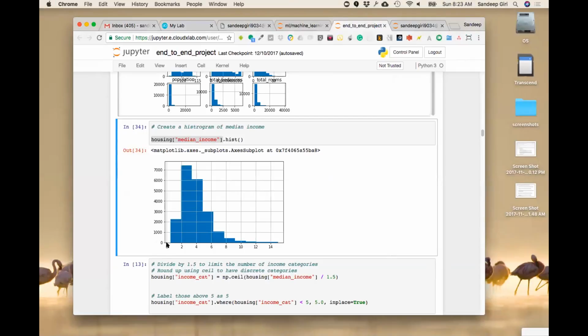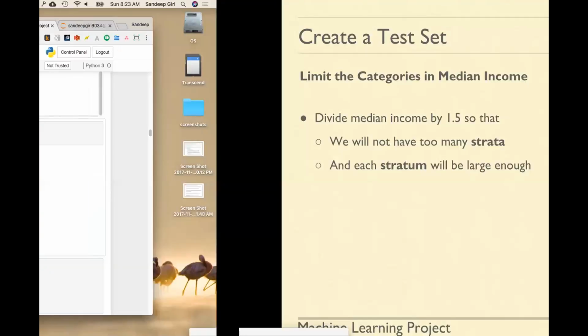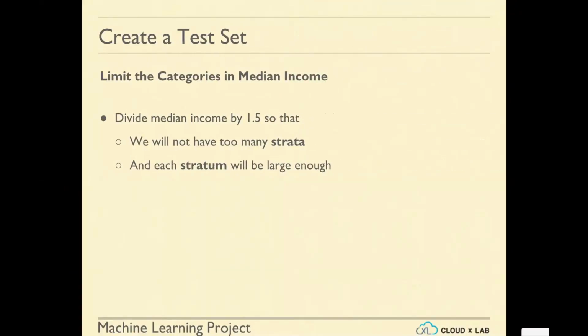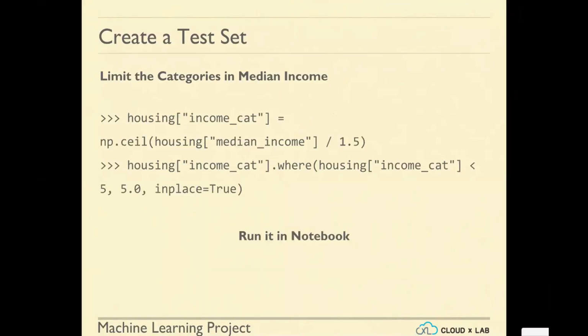Up till now, let's say it's spreading from 0 to 12, or let's say 0 to 15. After dividing by 1.5, it will come to 0 to 10, right? 15 will become 10 after dividing by 1.5, and so on. So first of all, we are trying to compress the horizontal axis by dividing the median income by 1.5.